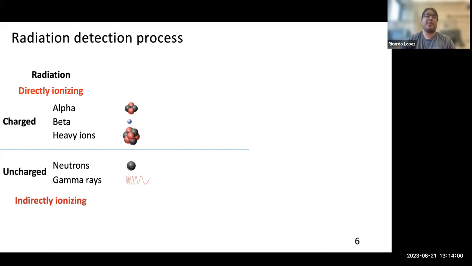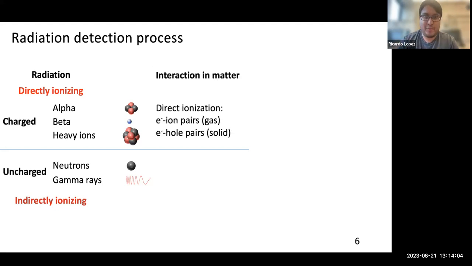And we call these indirectly ionizing because while neutrons and gamma rays won't directly cause the ionization, they can lead to certain mechanisms that then indirectly lead to ionization in matter.